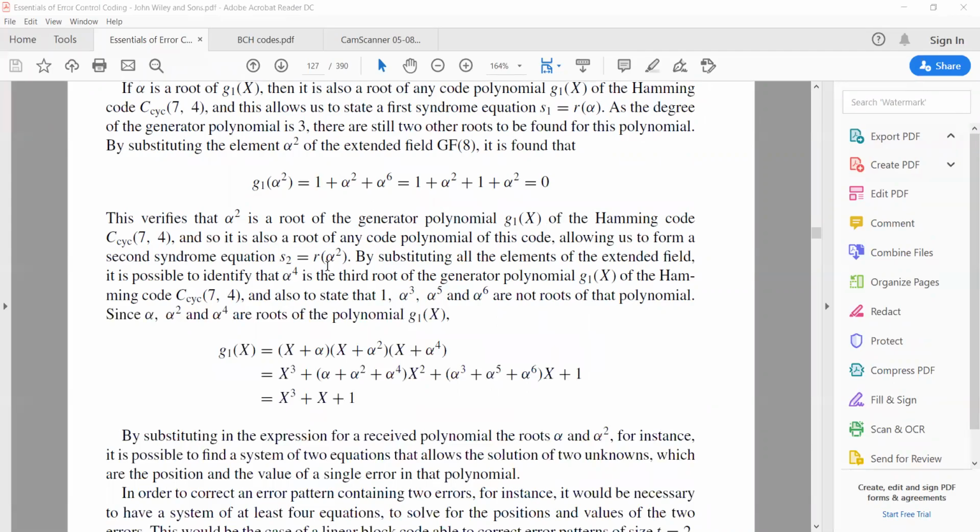So again, we have to find the last root. We have found that if I replace x with alpha to the power 4, this also makes the equation 0. So our third root of the generator polynomial is alpha to the power 4.